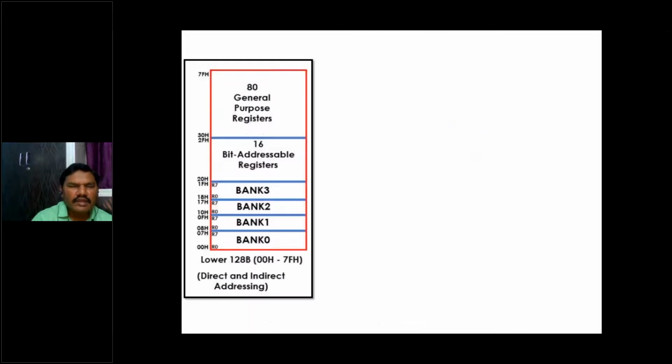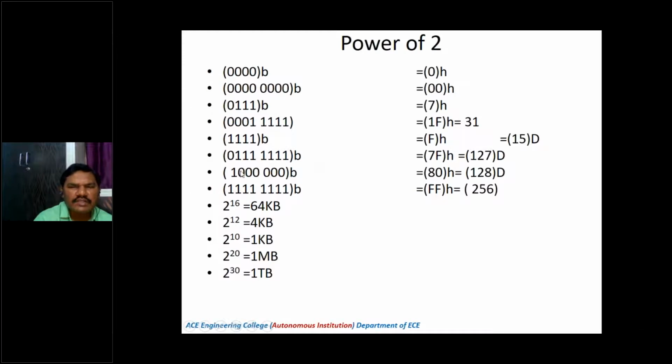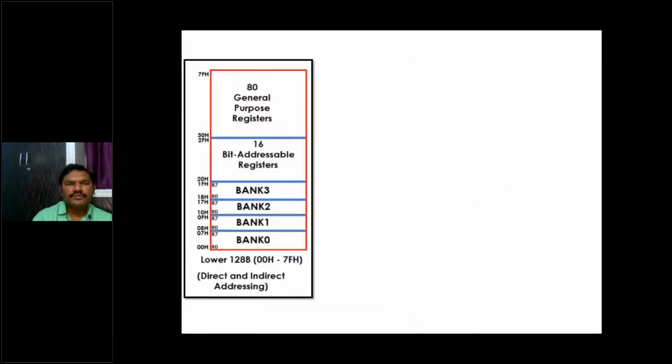You see here, right? So 00 to 1F, here we have R0 to R31. Understood now? Next, 0111 1111 is equal to 7F, which is equal to 127. If you have any doubt, convert into 2 power values and calculate whether 7F is equal to 128 or not. 00 to 127 means 128 values.